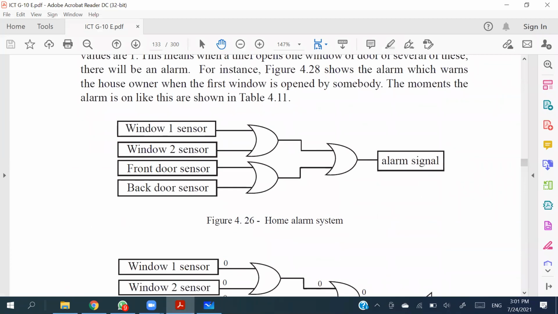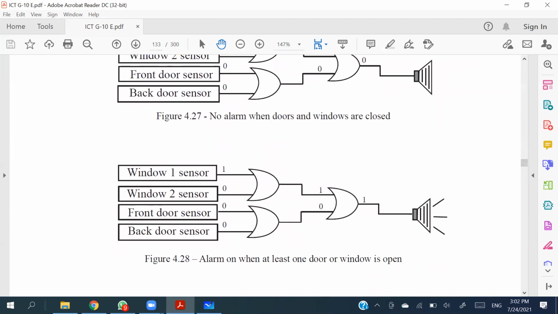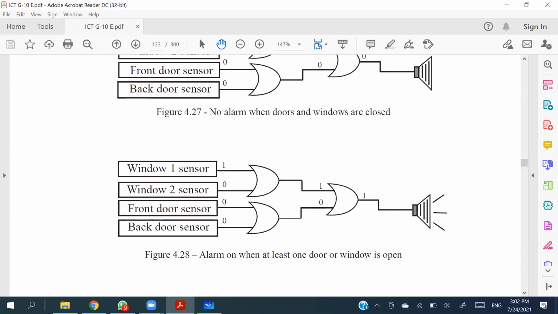And as they illustrate over here, when none of the sensors indicate 1, or in other words, when all the sensors are indicating 0, the alarm is not going to buzz. If any of the sensors indicates 1, it's going to give you a buzzing.